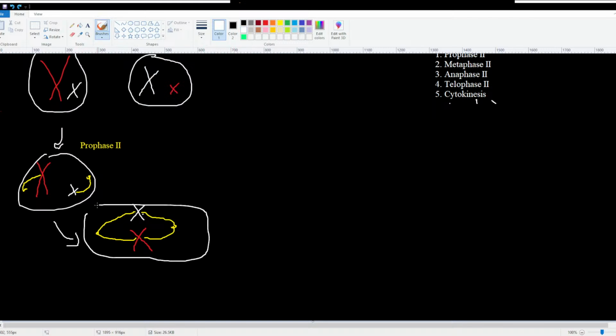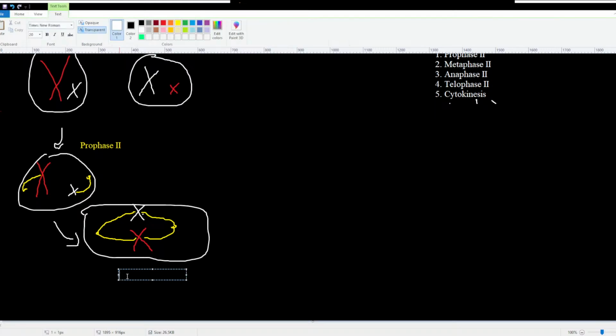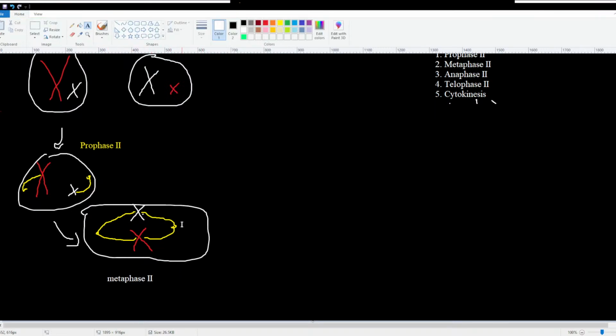So now this is metaphase 2. They're going to line up one by one vertically, and now the sister chromatids are going to be separated. They're going to be pulled apart. And that happens during anaphase 2.